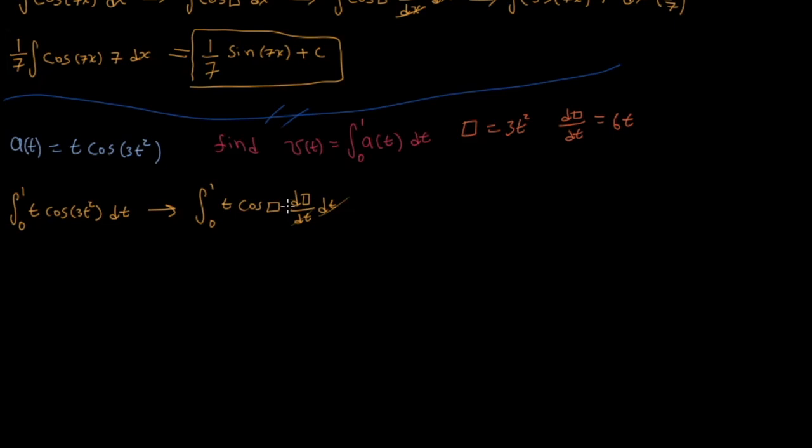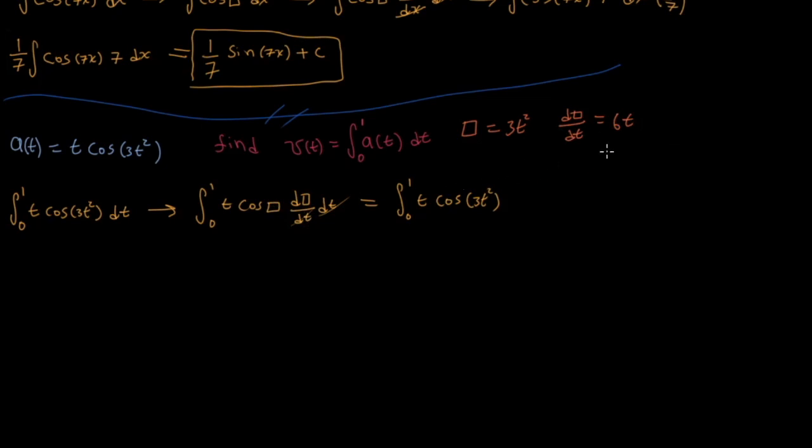And then from this point on we can substitute our numbers in. So we would get the integral from 0 to 1 of t cos 3t squared, that's this here, times d box by dt, which is this here, so times 6t.